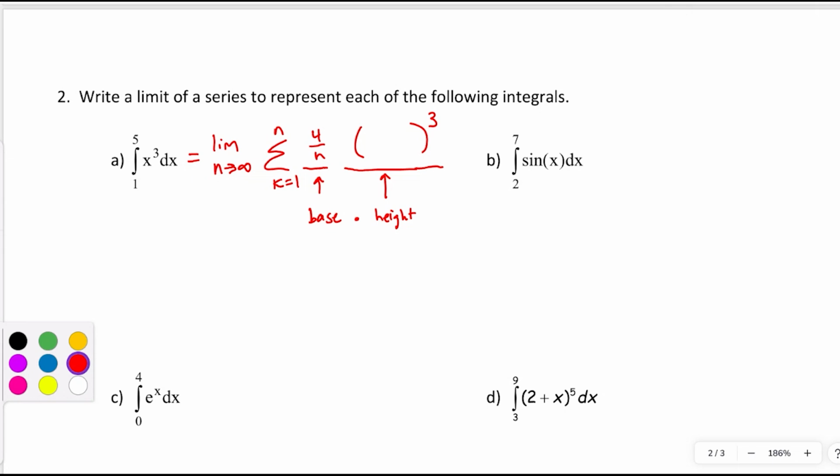All right, so what's our lower boundary here? 1. So it's going to be 1 plus 4 over n times k. Basically, this k is just incrementing by 1 each time, saying go to the next subinterval. What's the height there? What's the height to the next one?